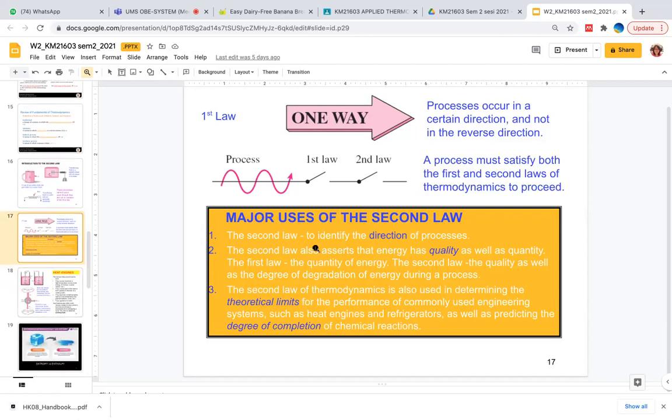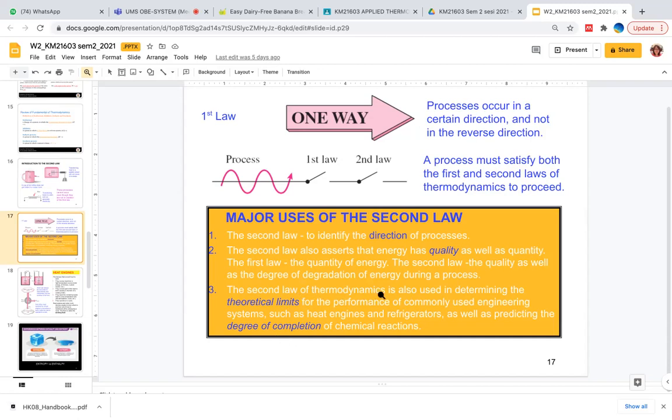So the second law identifies the direction of the process, and the second law also asserts that energy has quality as well as quantity. In the first law, we only mention that energy cannot be destroyed, the total should be the same, but it does not mention the direction and the quality.